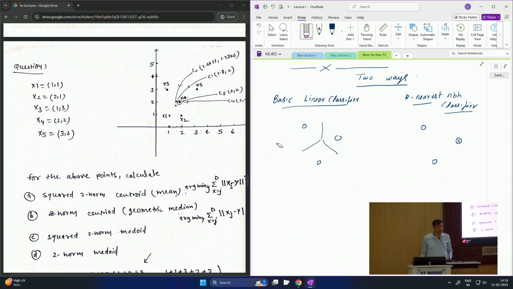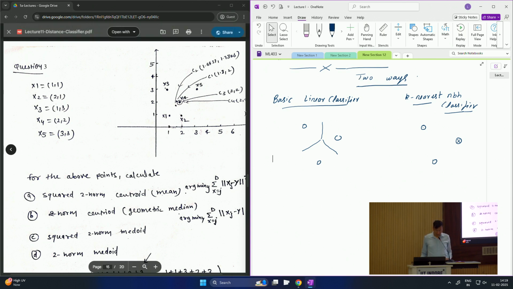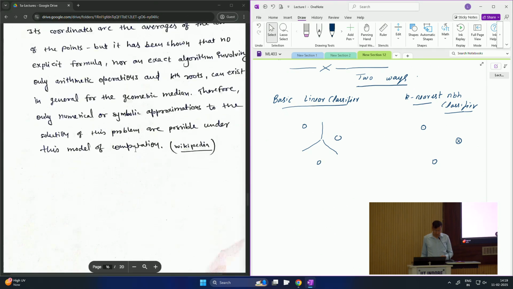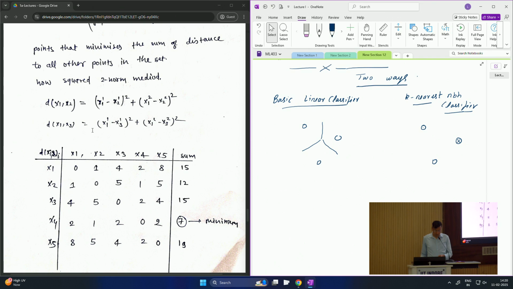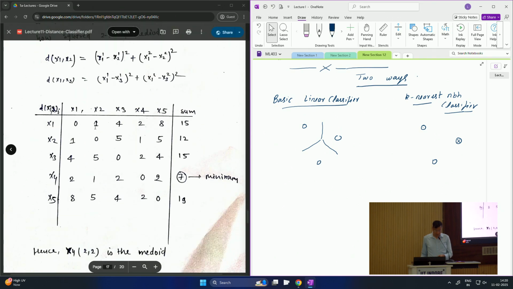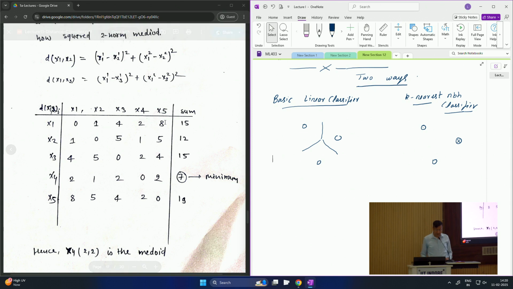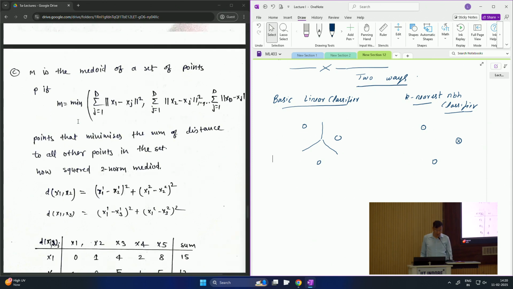Okay, anybody do? So what will happen? They turn out to be the same. So for example, you're doing the k medoids, squared medoids. So what you'll do, you'll take every point and find its distance to every other point, right? So in this one, with x1 it will be 0.